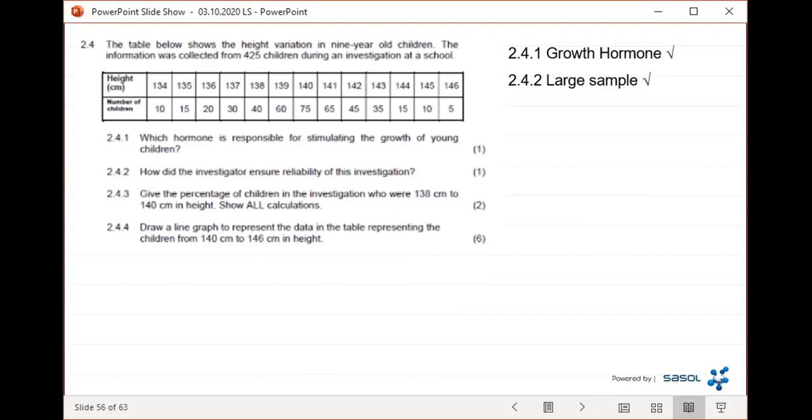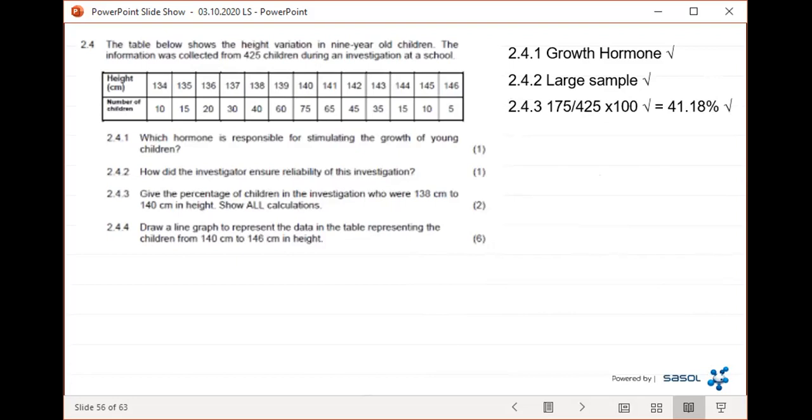Then question 2.4.3, give the percentage of children in the investigation who were 138 centimeters to 140 centimeters in height, and show your calculation. So we would say 175 over 425. 425 is the total number of the kids, our sample space rather.